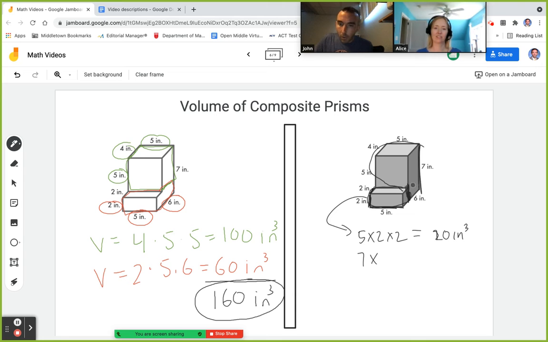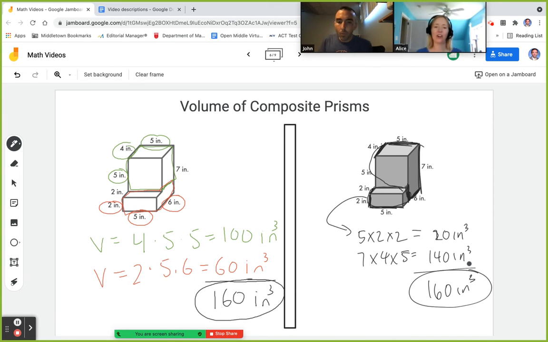And this part is 4, the part that extends out to the smaller part. And then 5 back here. So it's 4 by 7 by 5. And that is 140 cubic inches. And if I add them together, my total is 160 cubic inches, which appears to match yours.